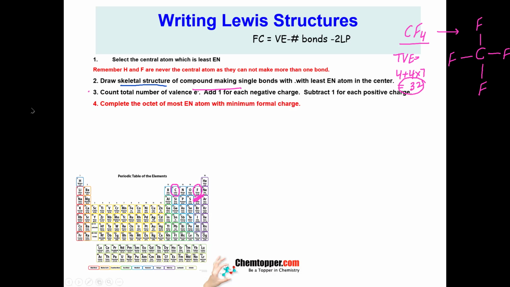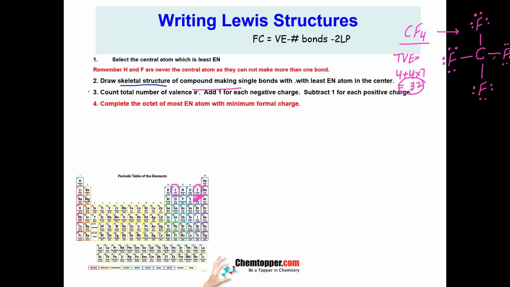And who is that? Fluorine. And you know the limitation of fluorine. You know that fluorine is always singly bonded with 3 lone pairs. So just do that. Put 3 lone pairs on each fluorine to complete the octet. You can see that fluorine is with 8.